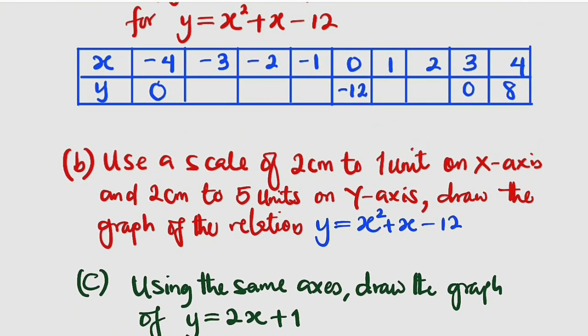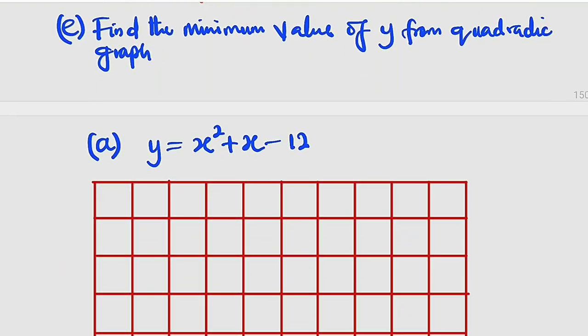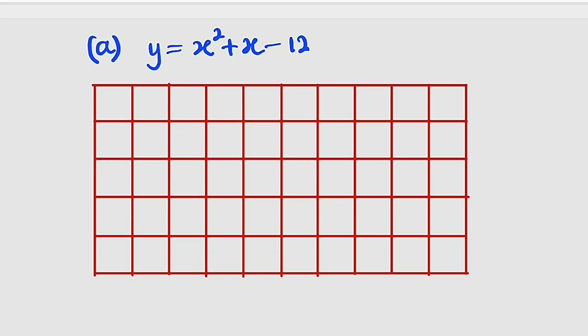All right, we are going to start with the first one, where we are asked to copy and complete the table. But I would like to suggest something here. Do not use this type of table because you have to show all workings. Instead, use this type. We are going to write x here and write y here at the bottom.